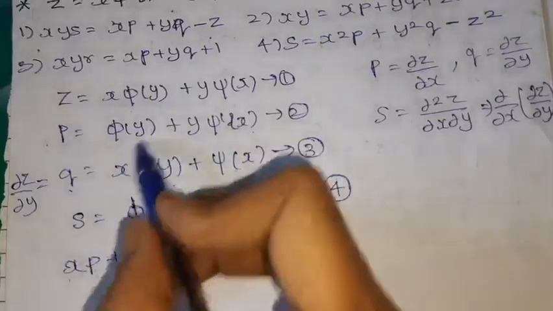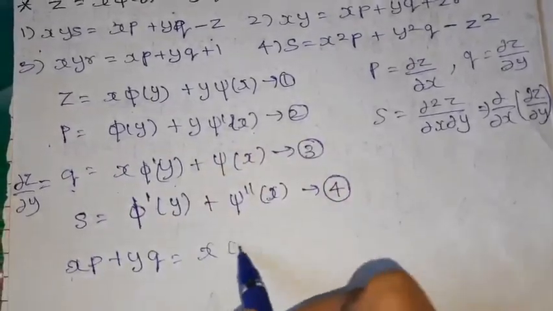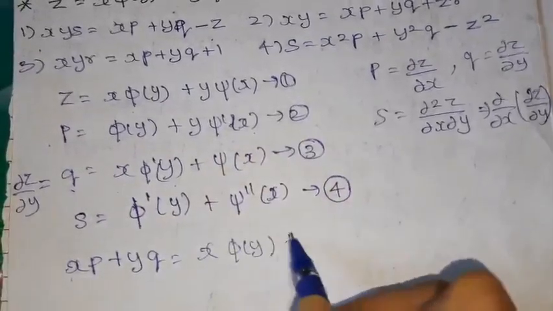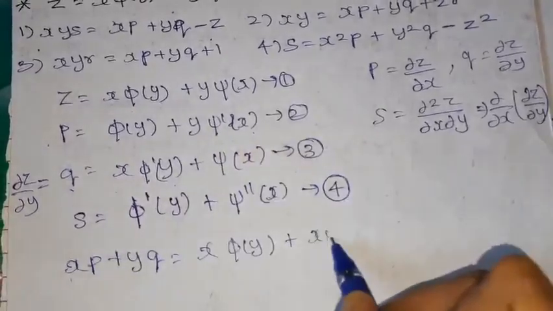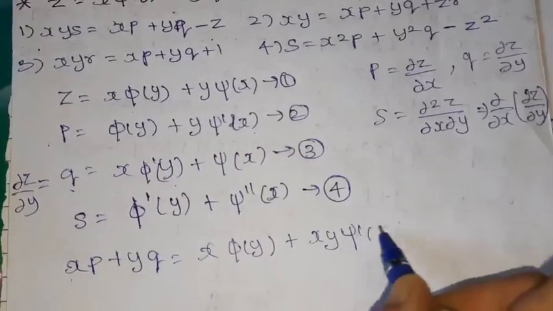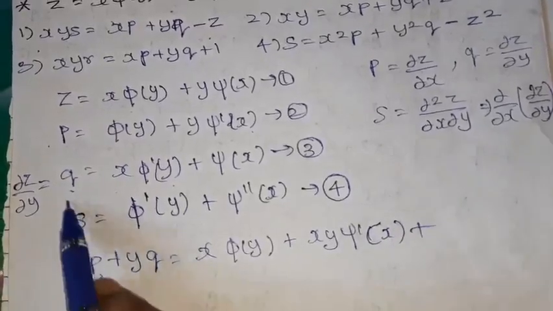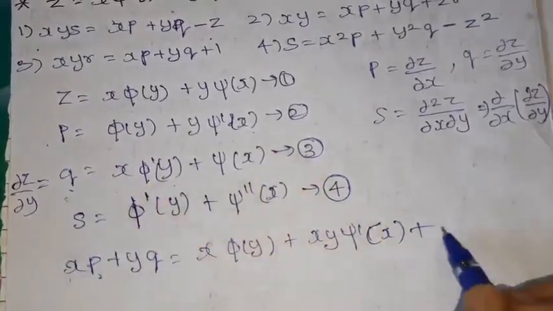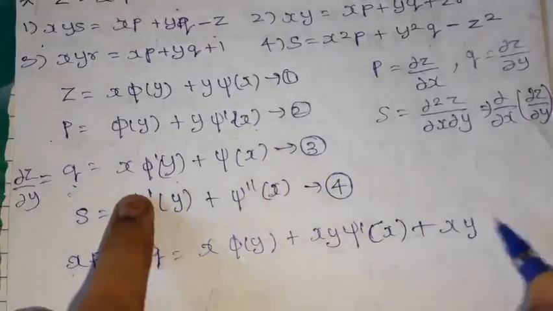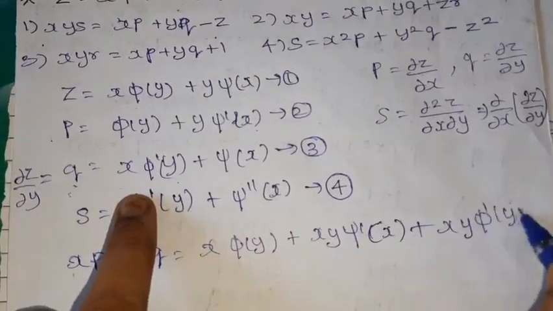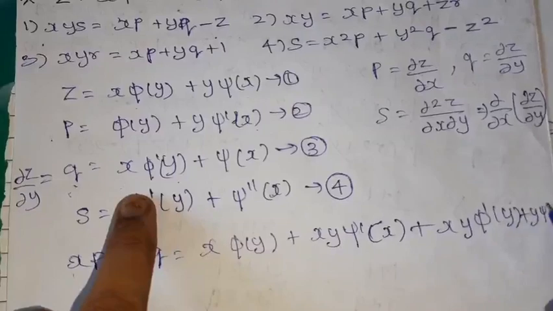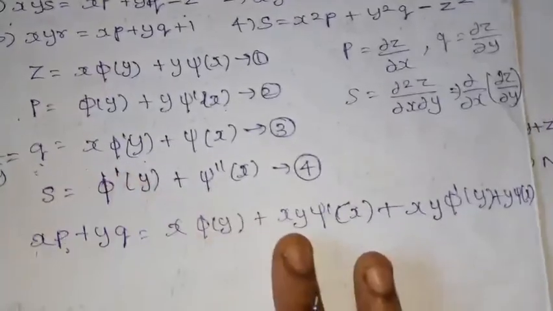First we multiply by x: x into phi of y plus xy into psi dash of x. Again we add, multiplying equation 3 by y: xy phi dash of y plus y into psi of x, right? Y into psi of x.